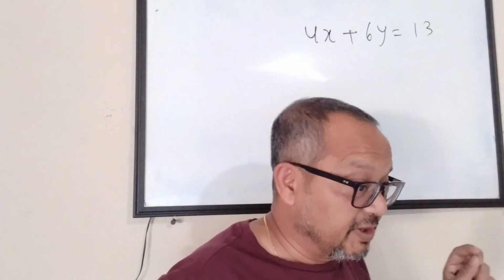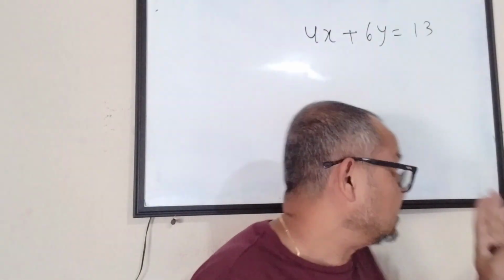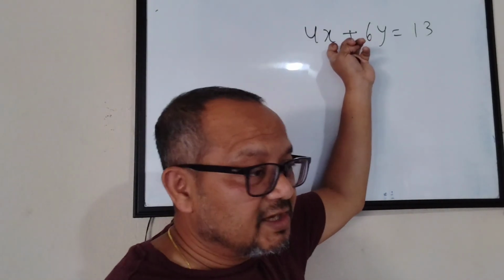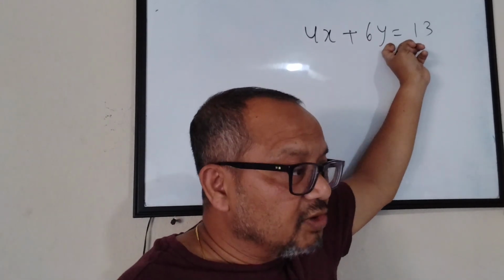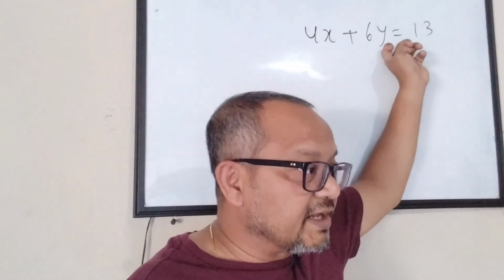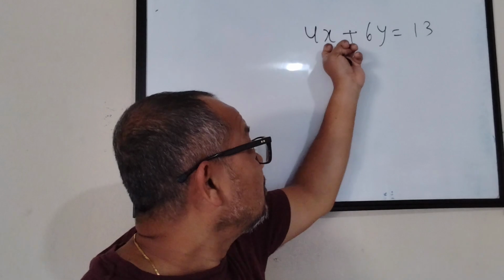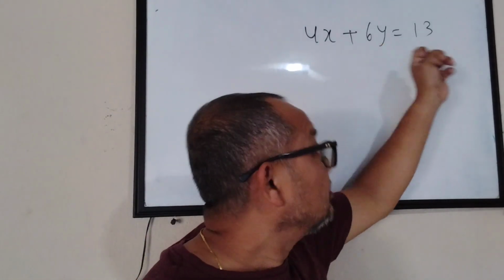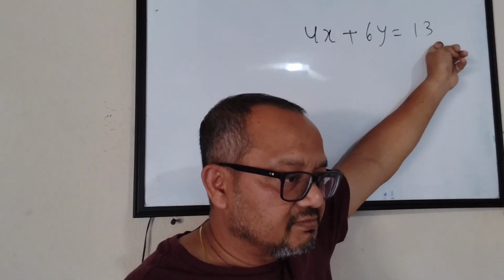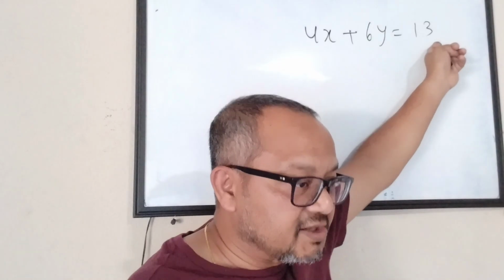Okay, I'm just picking up a name, no other reason. I'm x, Ritika is y. So I and Ritika have signed a deal saying that 4 times of my value plus 6 times of Ritika's value will give 13. This is a contract. This is a deal between me and Ritika.